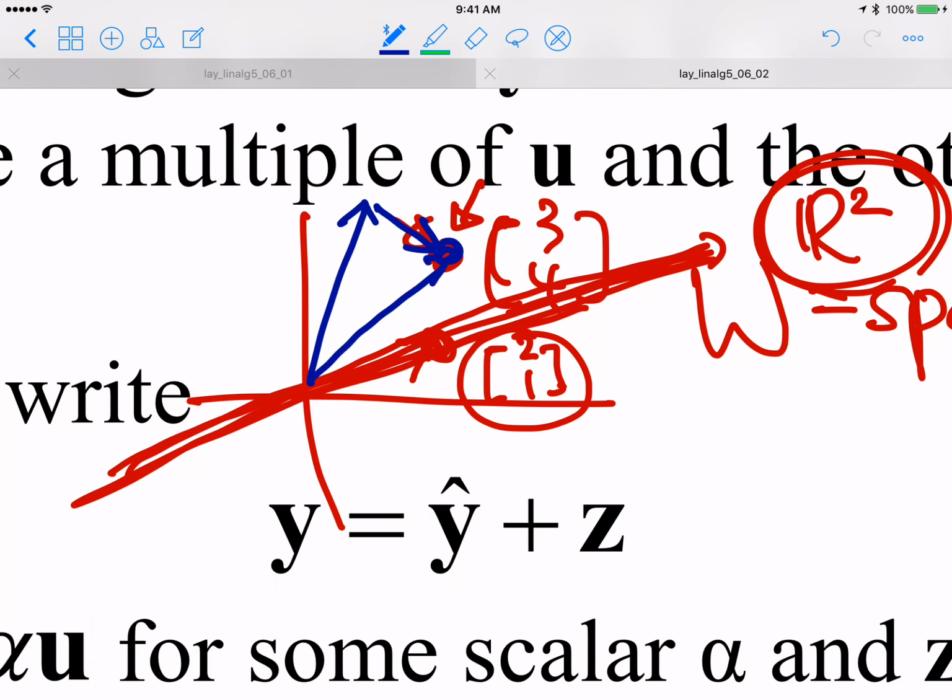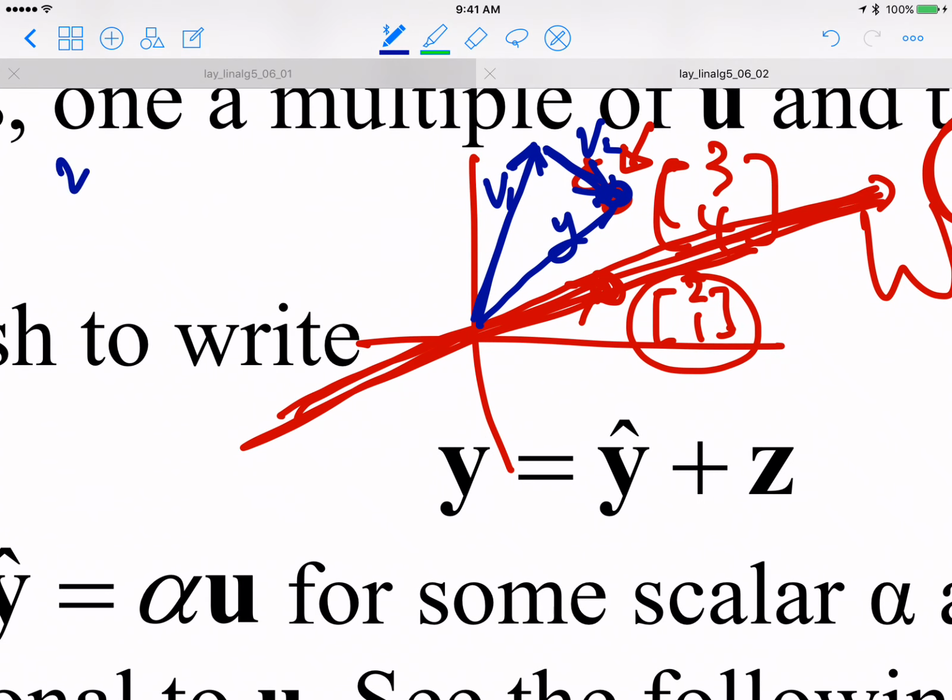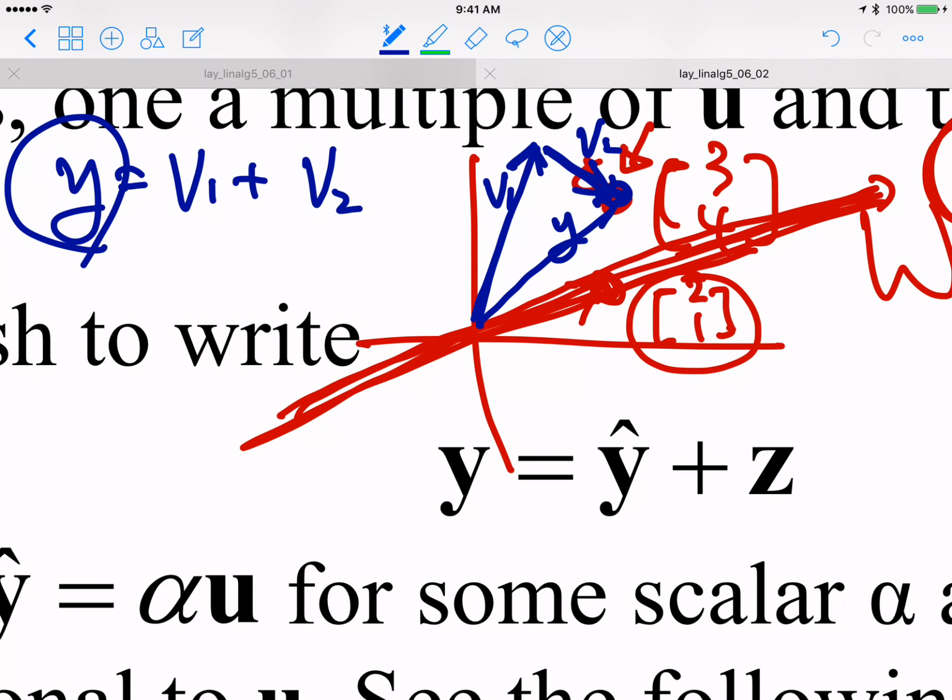So suppose this vector was y, and this first vector was maybe v1, and the second vector was v2, and then y will become v1 plus v2, right? This is one decomposition, or just another representation as the summation of two vectors for this given vector y.